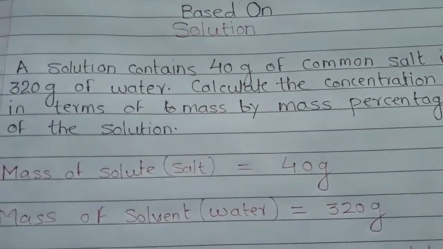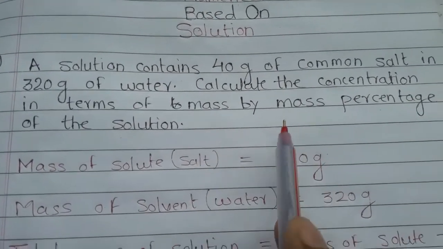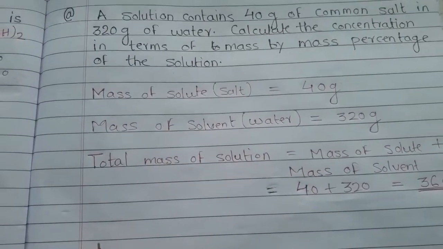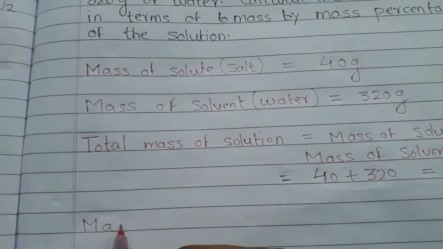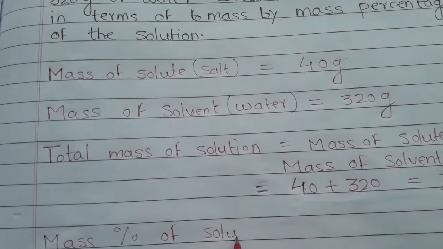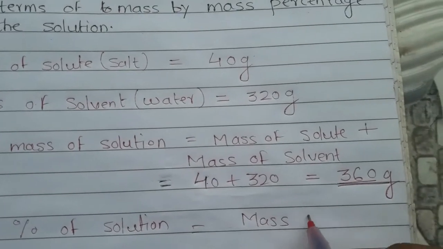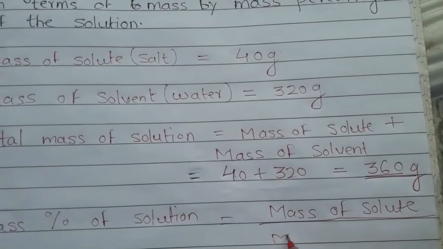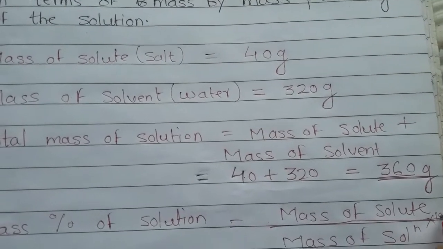All right, so we have to find out the concentration in terms of mass by mass percentage of solution. So basically we have to find out here mass percentage of solution. So let's see how we can find out. So mass percentage of solution is nothing but mass of solute divided by mass of solution into 100.